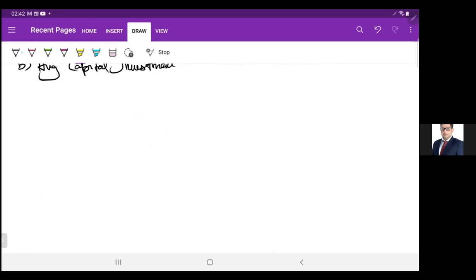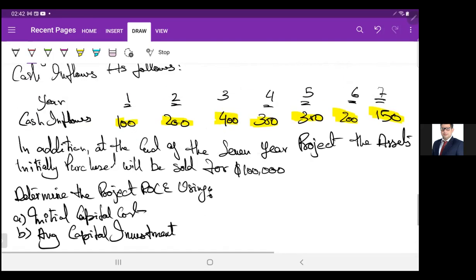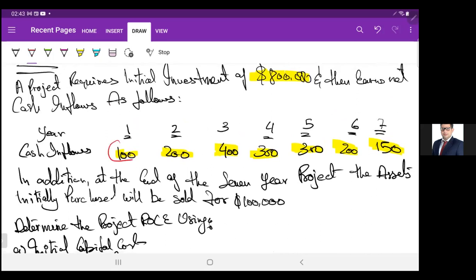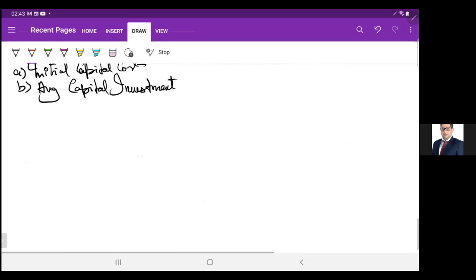So this uses profits rather than cash flows, and average annual inflows. Let us compute 100 plus 200, plus 400, plus 300, plus 300, plus 200 and 150.